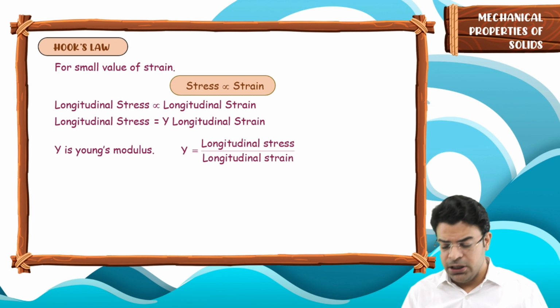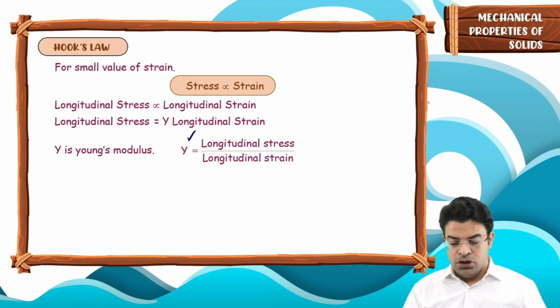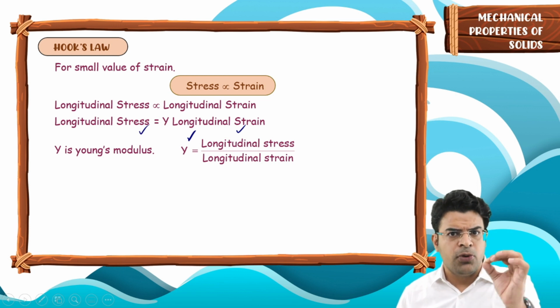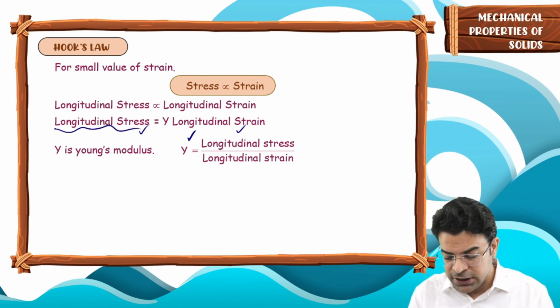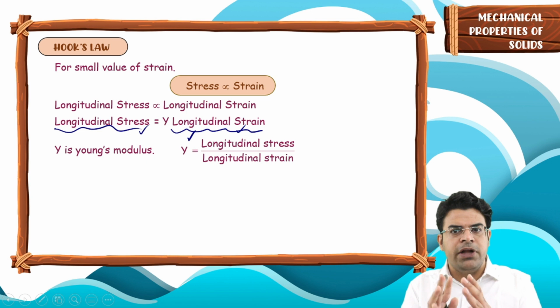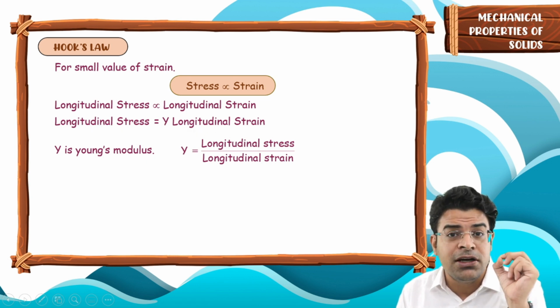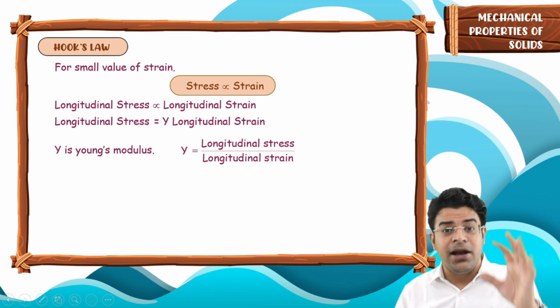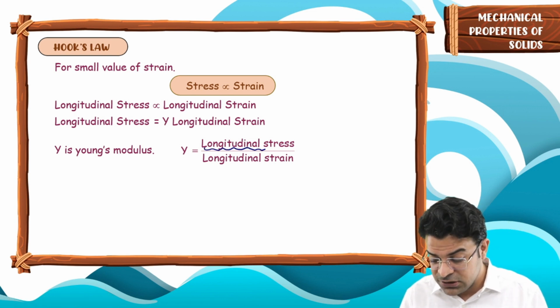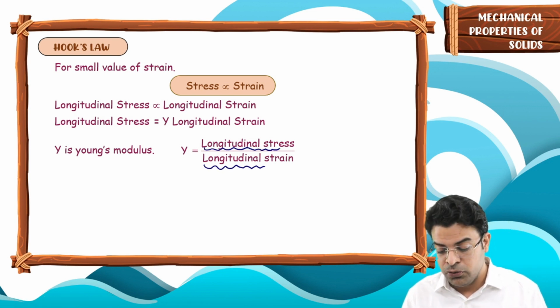Now, bachcho, tell me, Young's modulus depends upon what? Longitudinal stress, longitudinal strain, both or none? It's a proportionality constant. It is independent of both longitudinal stress as well as longitudinal strain.